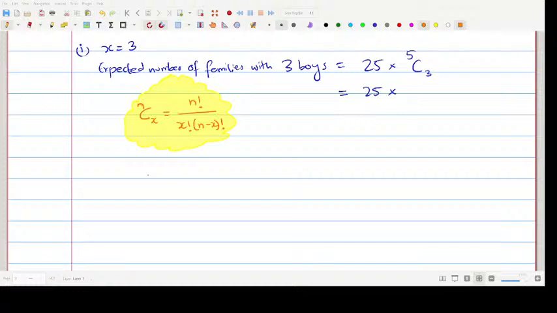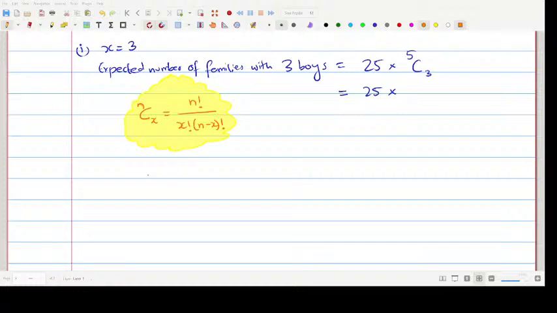None of them should be negative, and n cannot be 0 even. n being 0 does not really make sense. If n is 0, that's a different math altogether. Let's not go there. And the value of x can be at most n. The value of x cannot go above n. So x equals 0, 1, 2, 3, and so on, up to x equal n. So there are n plus 1 possible values of x here.